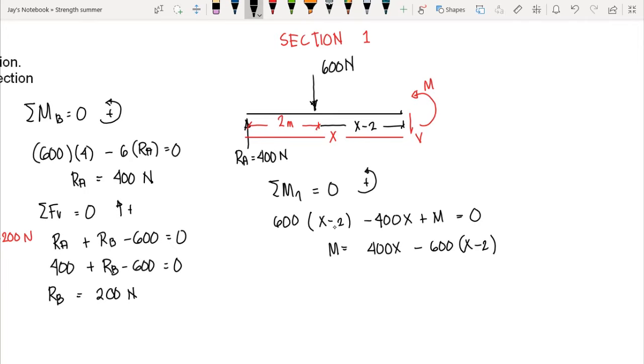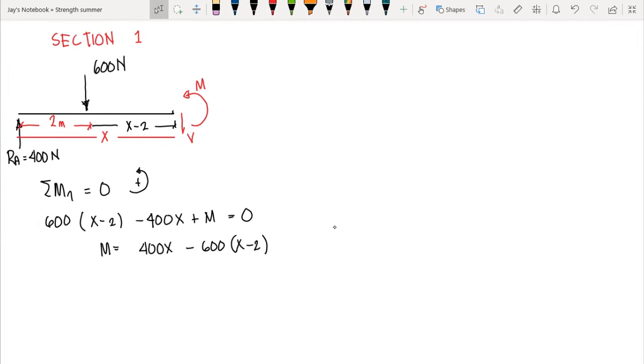In double integration, just like what I said, we have the flexural rigidity EI times the second derivative of y with respect to x, and this equals the moment. This moment should be a function of x.